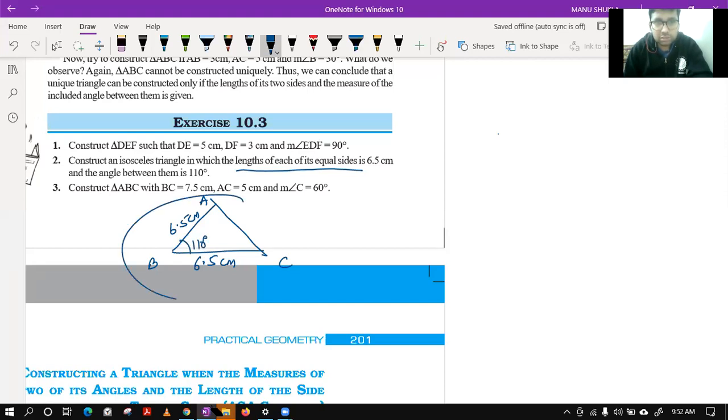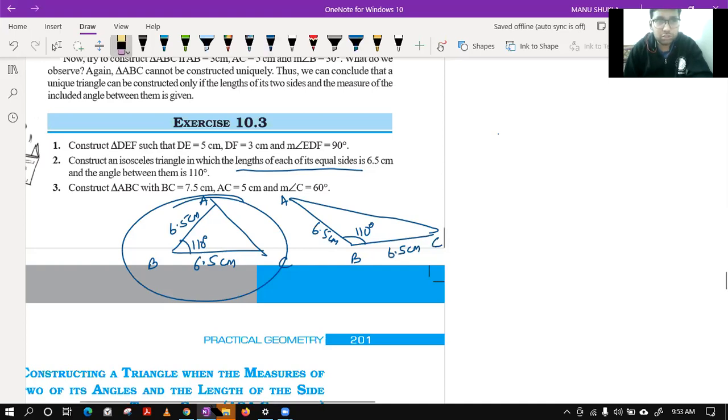That means this diagram will not work. It will look like something like this. Angle is 110. A, B, C, 6.5 centimeter, 6.5 centimeter. This is the rough diagram of the question.